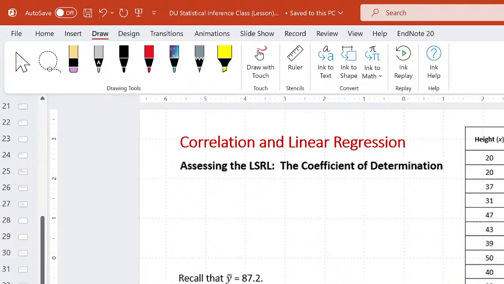So we have 4.3613, given in the output. Here's verification of that: if I took my SSE divided by n minus 2, I would indeed get that. And the way we interpret it, say, typically that vertical distance between the predicted fuel consumption and actual fuel consumption is about 4.361 units per mile.